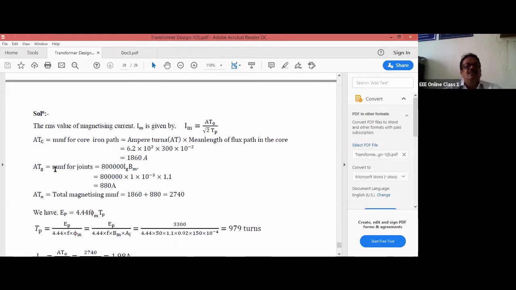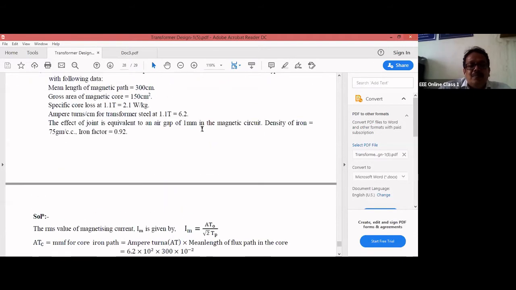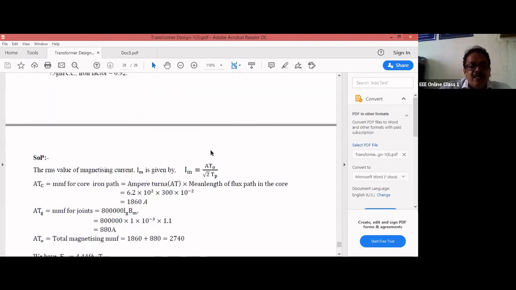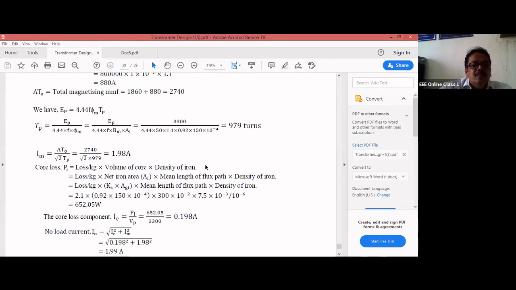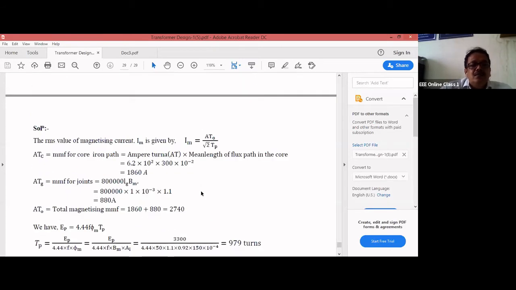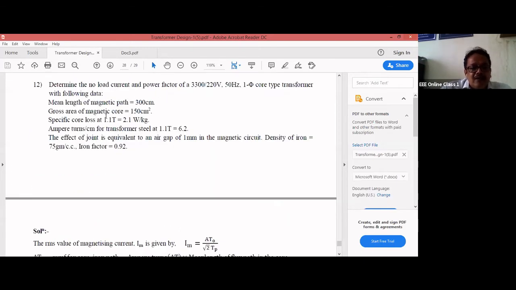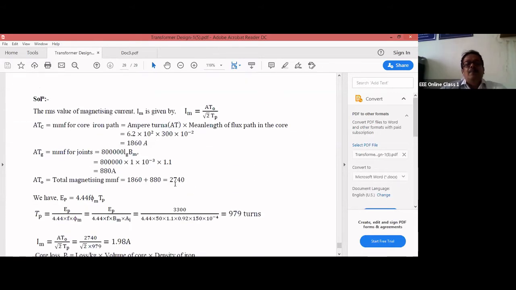Likewise, I calculate ATG, the MMF for joints, which is ag into lg into BM. The length of air gap is given as 1 mm in the joints, which we convert into meter. BM is 1.1, the maximum flux density.